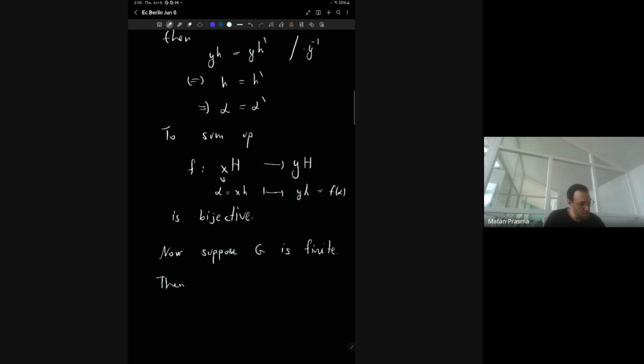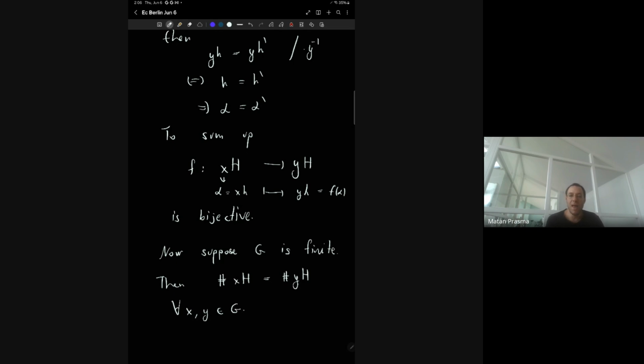Then this discussion says that the number of elements in xH is equal to the number of elements in yH for any x, y in G. Right? This is what we just proved.